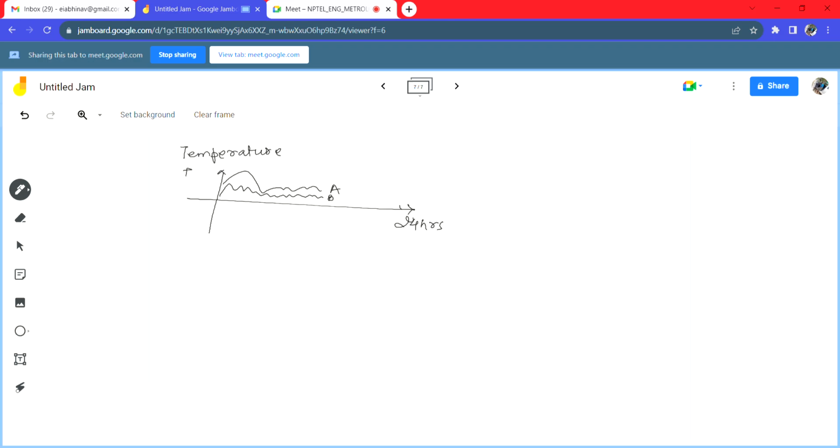Now these kinds of variation are analog in nature, and we have to measure them using our instrumentation system or measurement system.